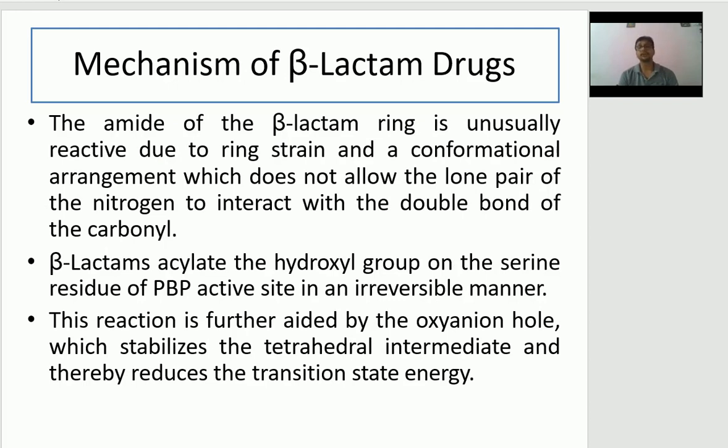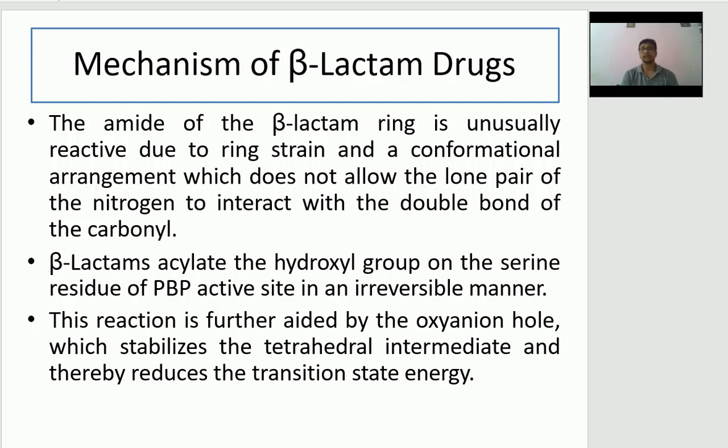Next, the mechanism of beta-lactam drugs. Since beta-lactam drugs contain an amide, they are usually reactive due to ring strain and conformational arrangement, which does not allow the lone pair of nitrogen to interact with the double bond of the carbonyl.